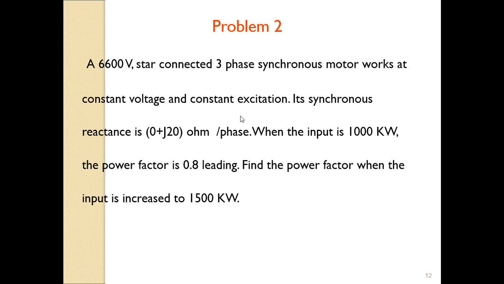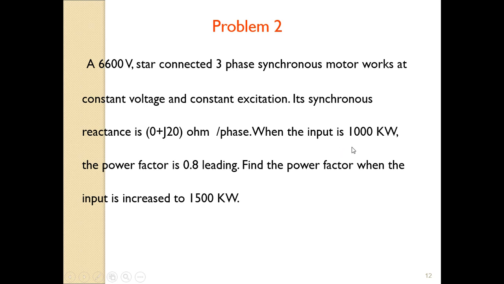So over excitation, EB is greater than V. Under excitation, EB is less than V. Normal excitation, EB is equal to V. So he has given the synchronous reactance also. That is 0 plus j20 ohms, where 0 is the armature resistance and Xs is the synchronous reactance.